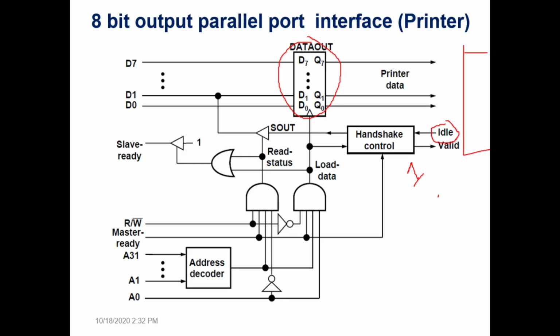So the interface circuit copies this data onto the 8-bit parallel port, makes the status flag, the S out bit, 0, and makes the valid signal 1. When the valid signal is 1, the printer comes to know that data is there in the port. So the printer reads that data from the port and starts printing the data.